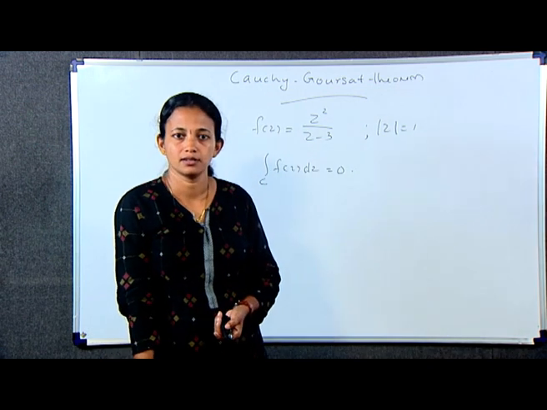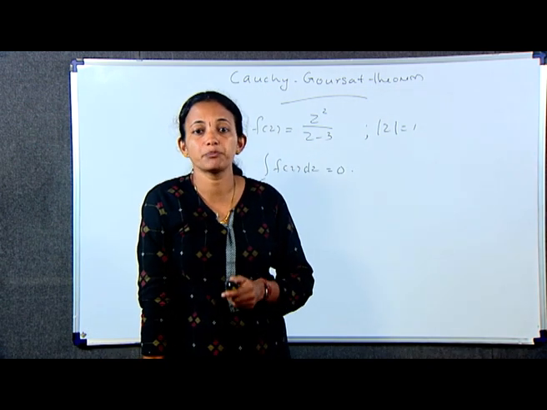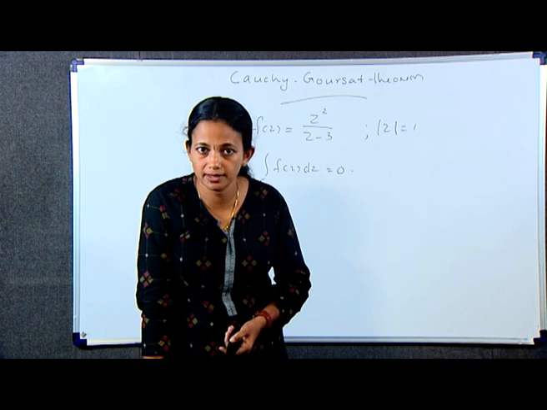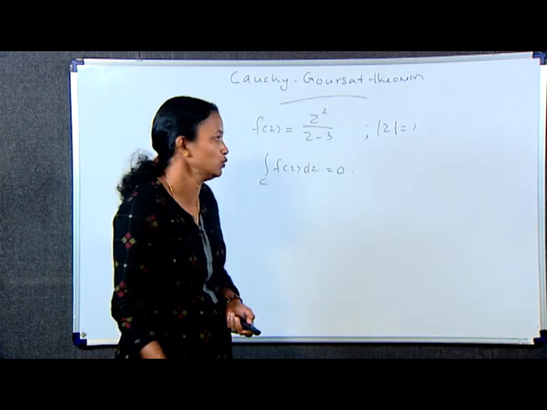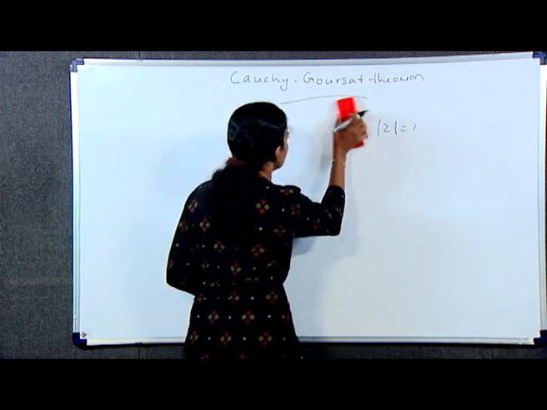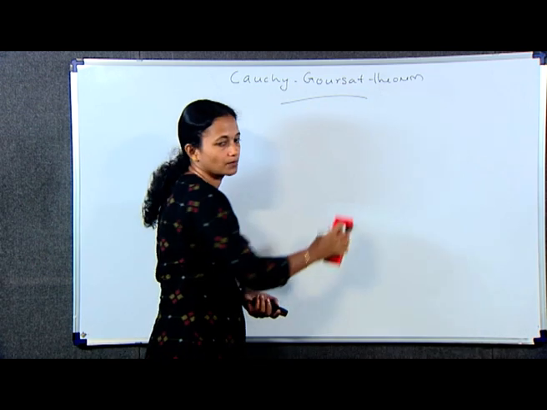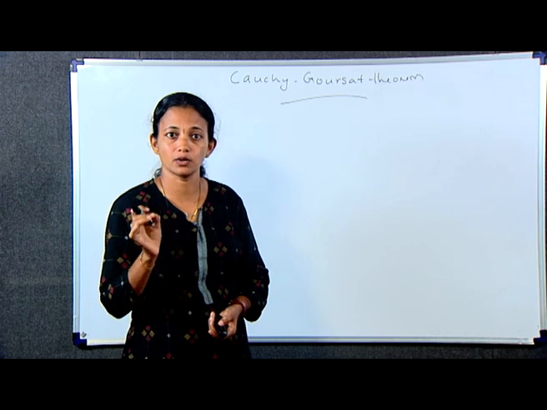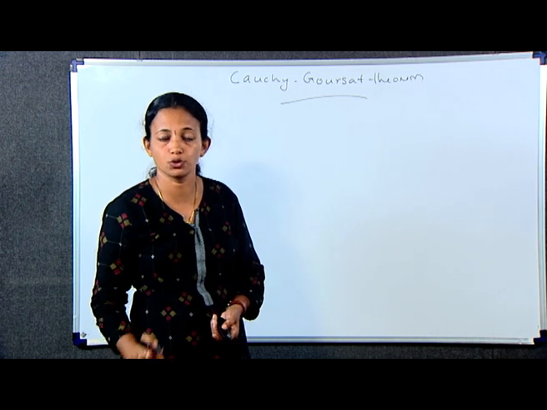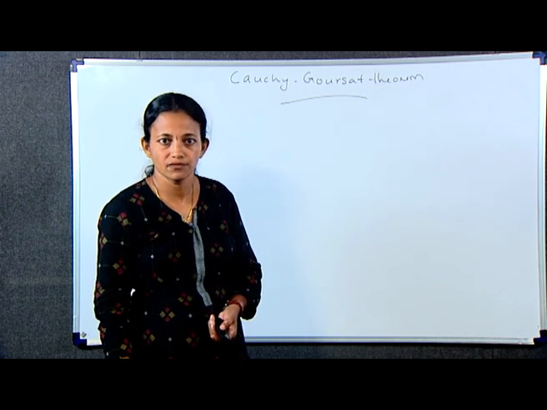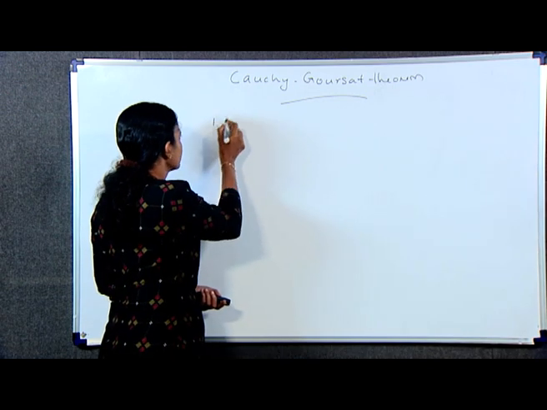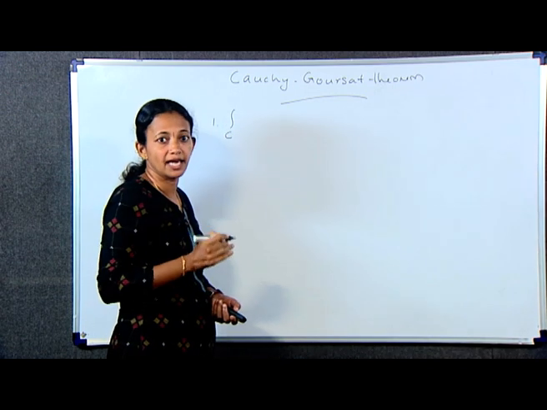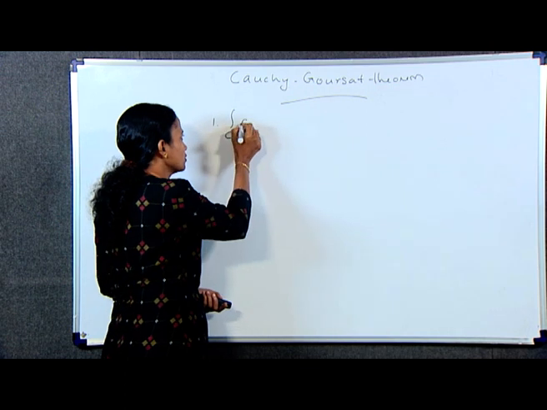Next example. If C is a simple closed contour given by the circle mod z equal to 2, verify the following, first without and then with using the Cauchy-Goursat theorem. First one is the integral over C of dz equal to 0.